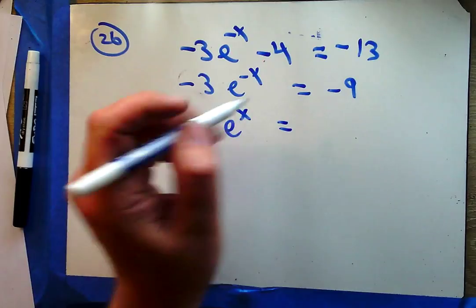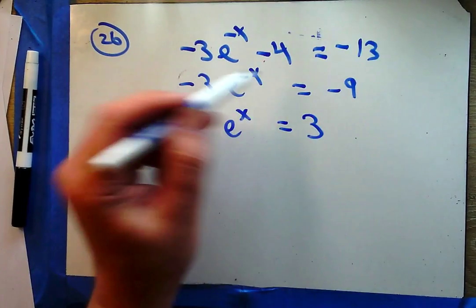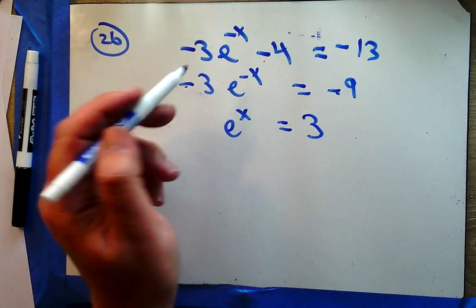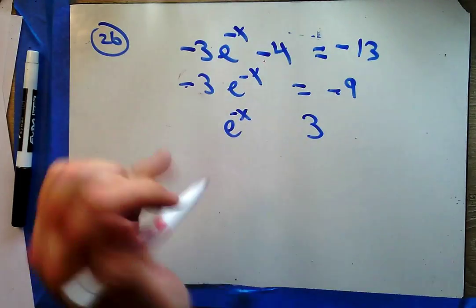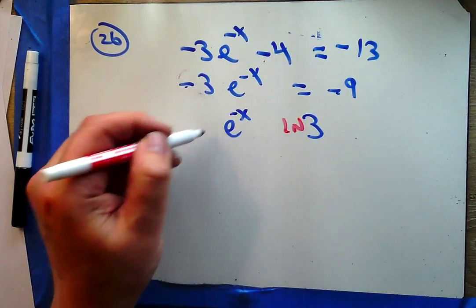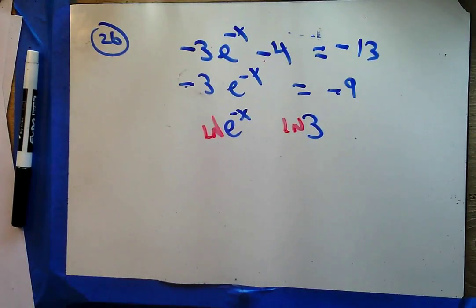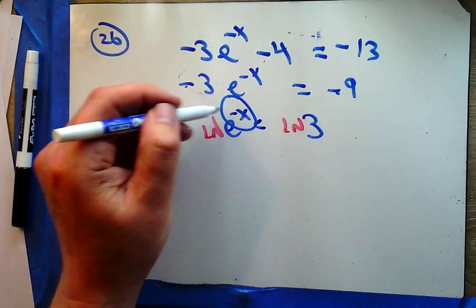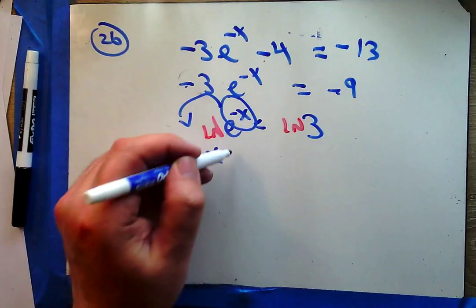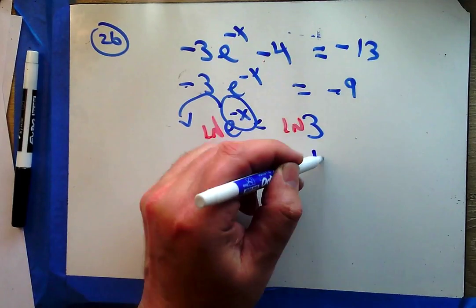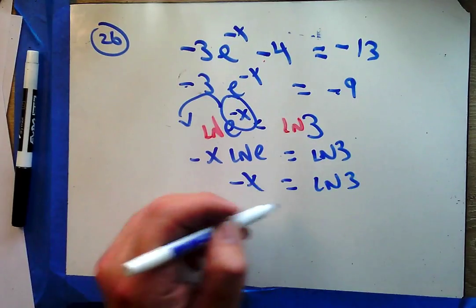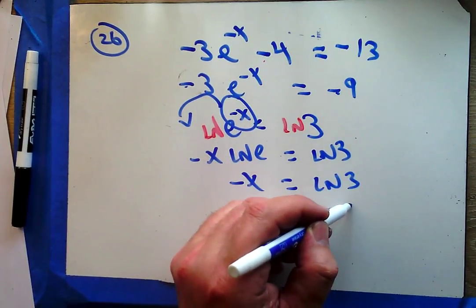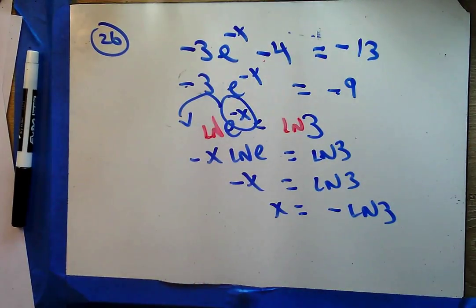So we get e to the negative x equals 3, because negative divided by negative is positive. And now I need to take the ln of both sides so that I can use the power rule to bring this down. And I get negative x equals ln of 3. And so I know that x is negative ln of 3.